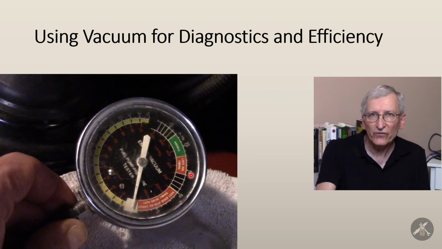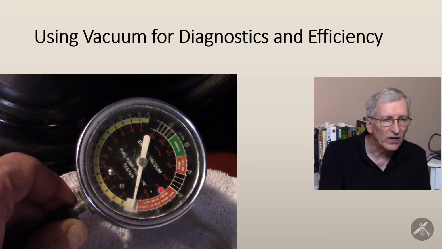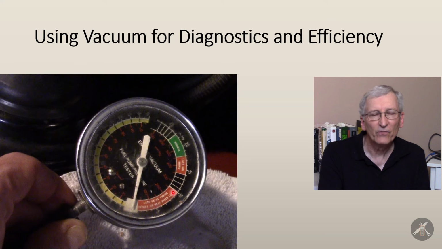But in a pre-emissions car, this was kind of normal. They have some down here for having late valve timing, or something else really wrong in the engine, where if you were idling at 10 inches, that's pretty tough, right? So you could use this to understand where the car wanted to run.